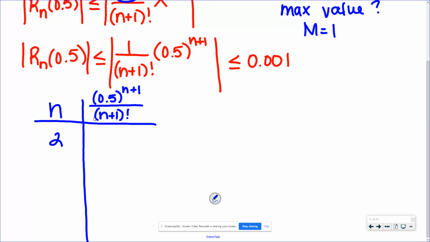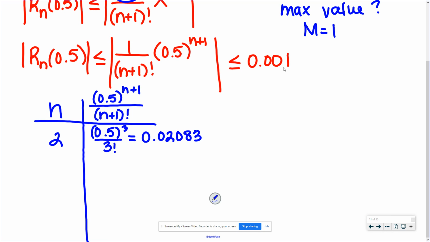I'm not starting with 1 because that would mean the first term works, which is probably never going to happen. So I'm going to start with 2. And again, I'm just plugging this value in for n. So that would make it 0.5 to the 3rd power over 3 factorial. You will grab a calculator to help you with the rest. And this is the answer that you get.